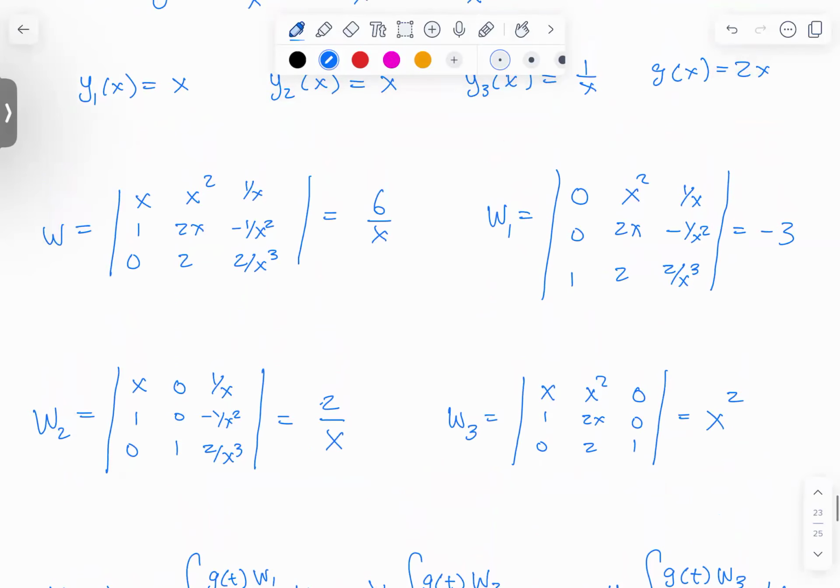Once we have all our pieces, variation of parameters really becomes about making sure you have everything organized and identified, plugging in, and then making sure that the integral can be evaluated.